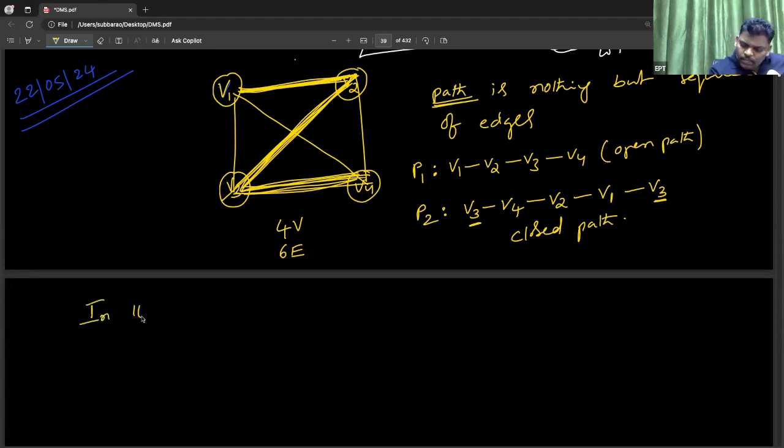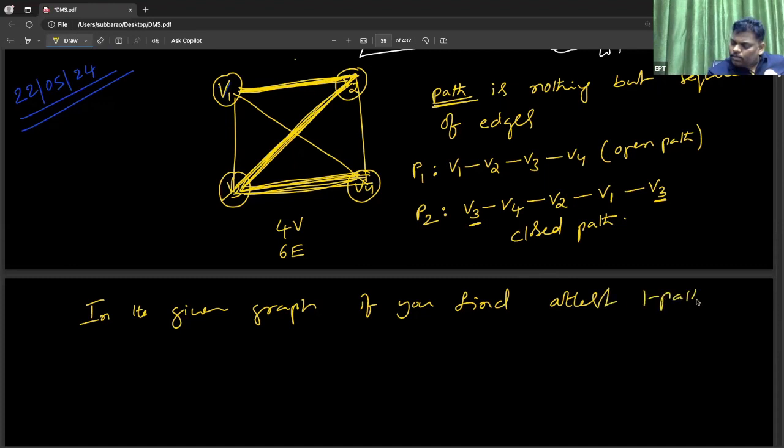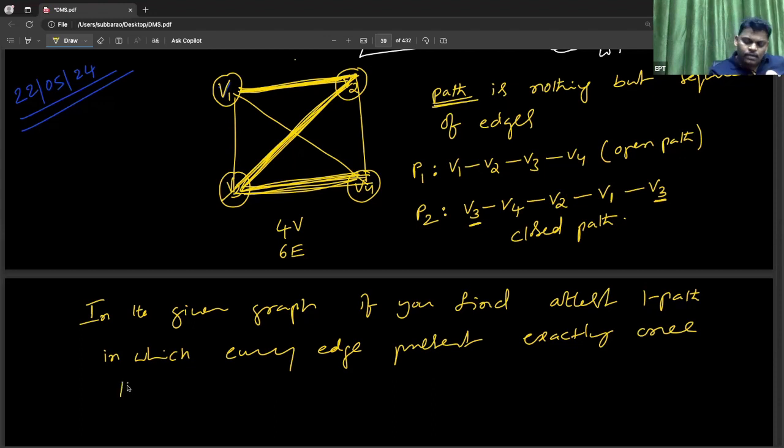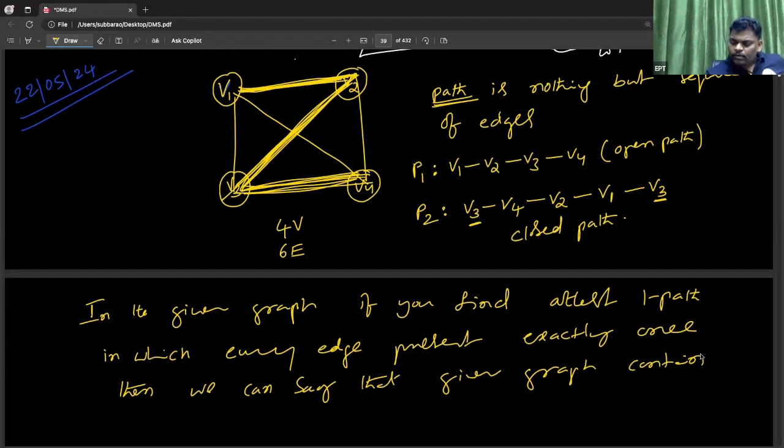So I am writing. See the answer. In the given graph, if you find at least one path in which every edge is present exactly once, then we can say that the given graph contains an Euler path.